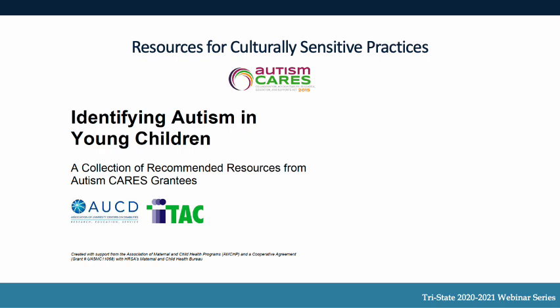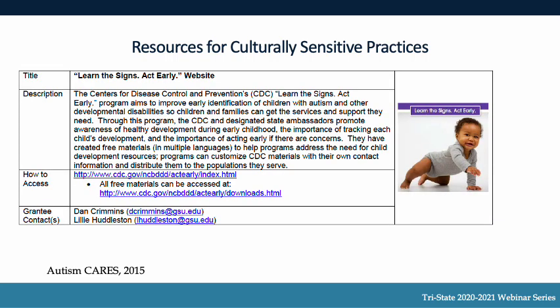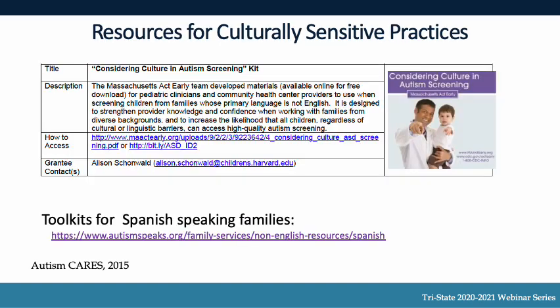One is that the Association of University Centers on Disability, in collaboration with ITAC, Technical Assistance Centers, have developed a collection of recommended resources that are specifically helpful for culture. For example, CDC's website, Learn the Signs, Act Early, provides materials in different languages and also gives you links to specific ways that different cultures think about autism.